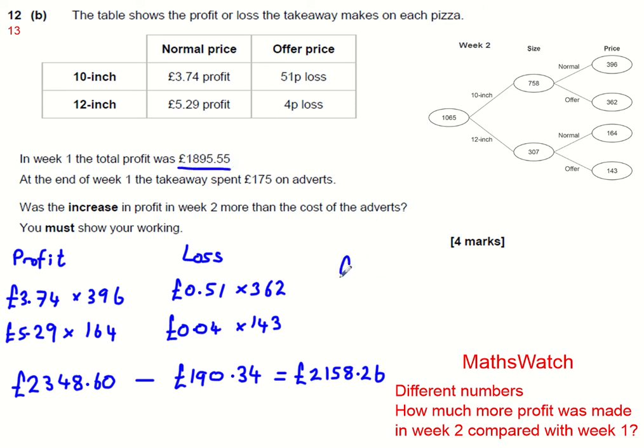So we're going to be doing £2,158.26, and we're going to subtract week 1's profit of £1,895.55, which means in total we made £262.71 more profit in week 2 than week 1, and that number is bigger than the 175 that was spent on adverts.